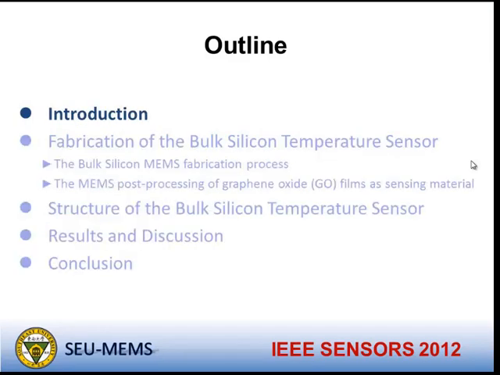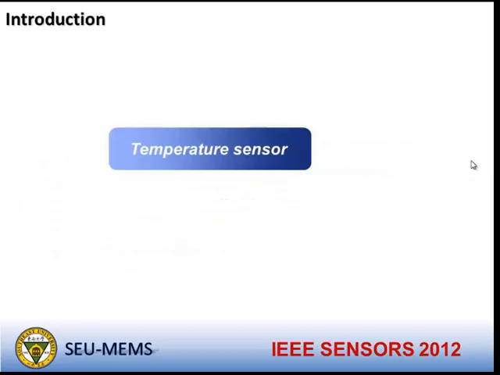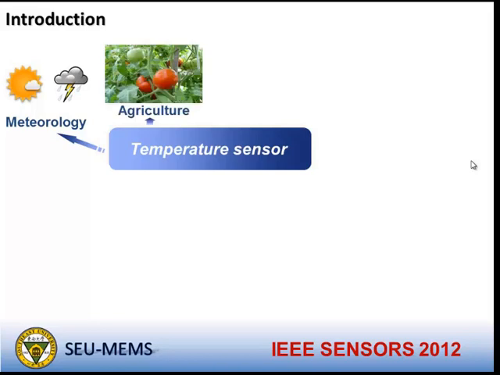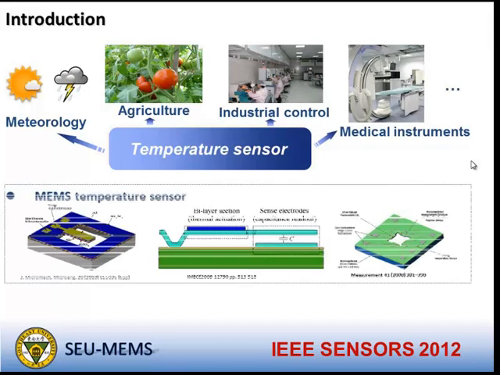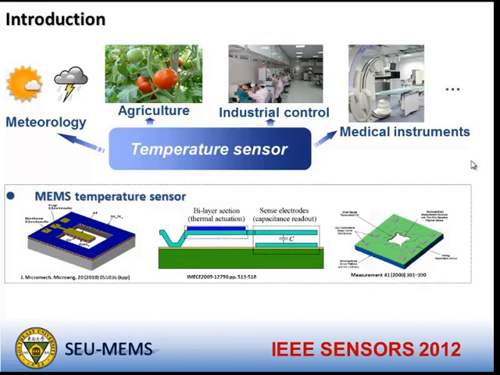First is the introduction. As we all know, temperature sensors have been used in various areas, such as meteorology, agriculture, industrial control, medical instruments, and so on. With the maturity of MEMS technology, temperature sensors have become smaller and smaller.